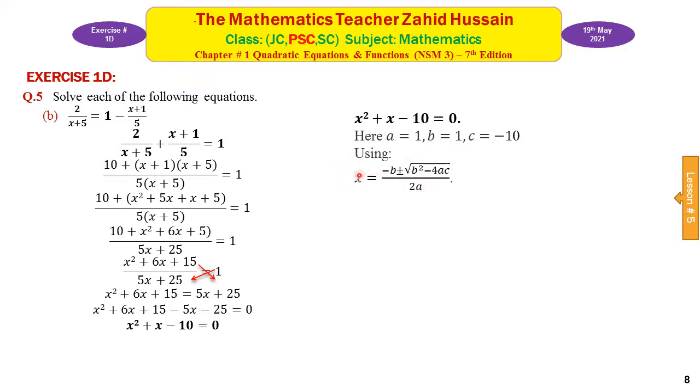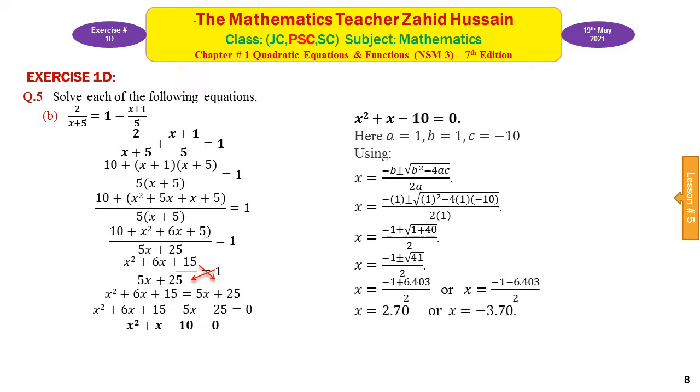We write x is equal to because the variable of the equation is x. If the variable of the equation is y or any other, we will write that variable here. Now put the values of a, b, c, simplify and get two values of x, which are 2.70 and minus 3.70, correct to three significant figures.